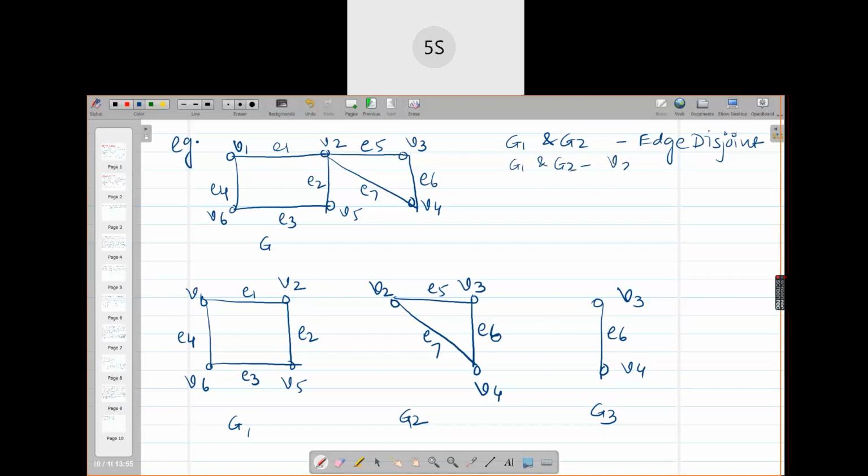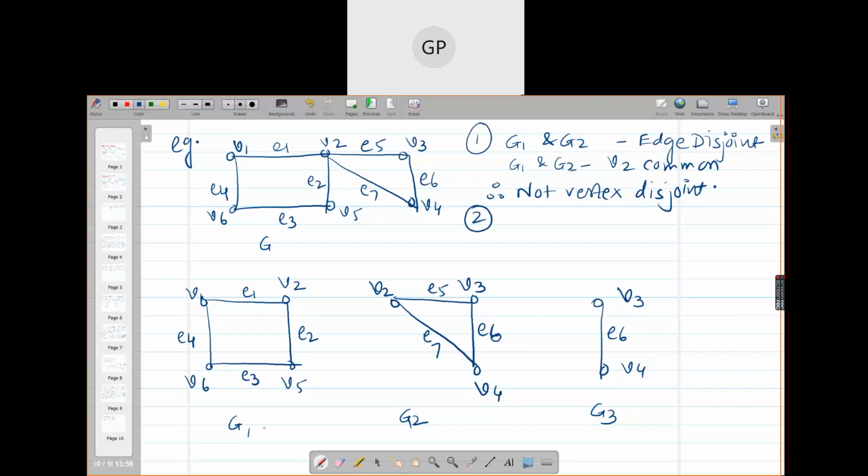No. V2 common, right? Therefore, not vertex disjoint. Do you understand this? The graphs are edge disjoint. That doesn't mean that they will be vertex disjoint. Is that okay?